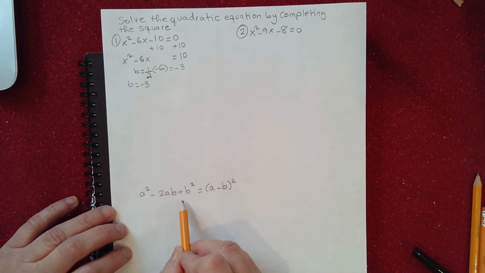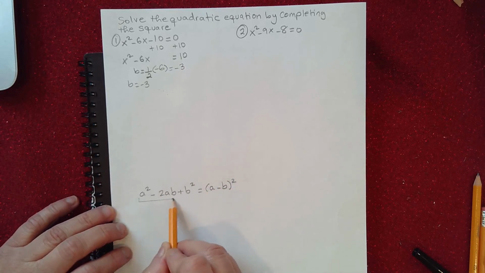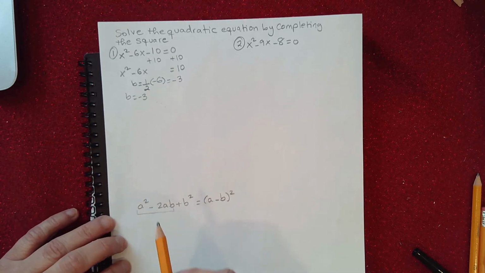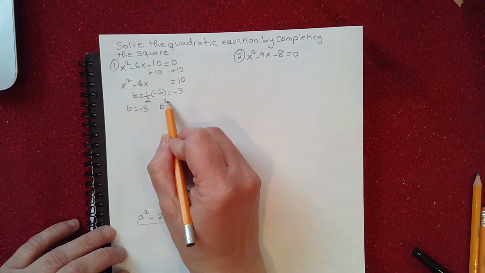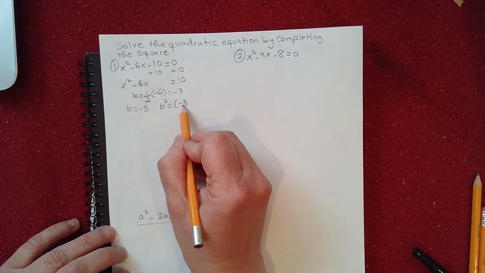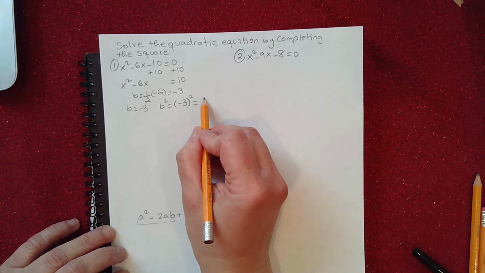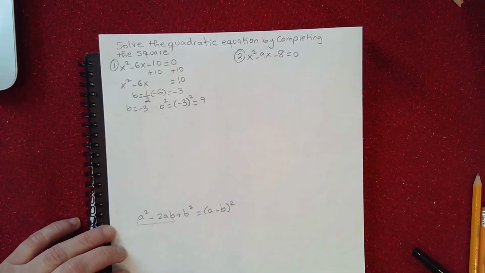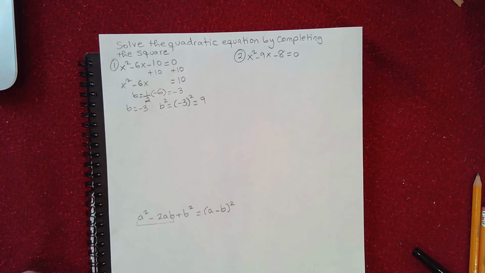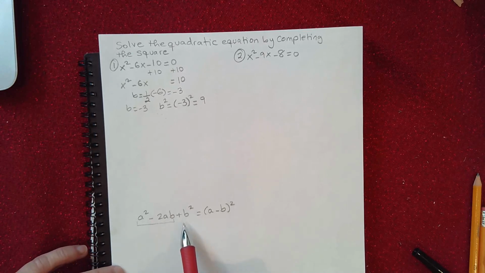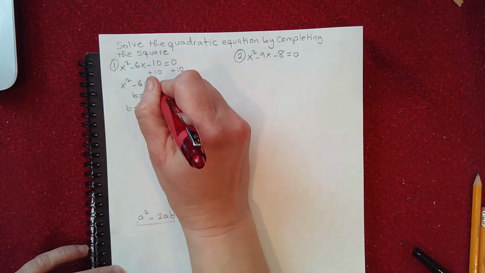Now, to complete the square, I already have these two. I need to add b squared. So I need to know what b squared is. b squared is equal to -3 squared, which is equal to +9. So now, to complete the square, I need to add 9 on both sides of the equation.